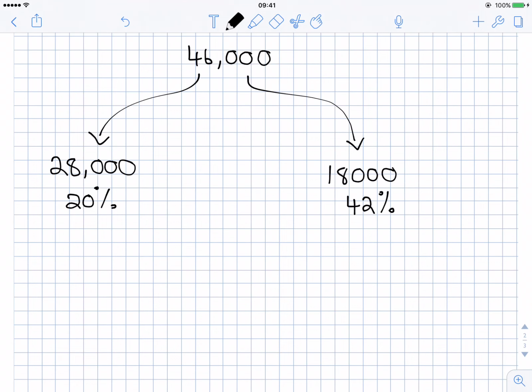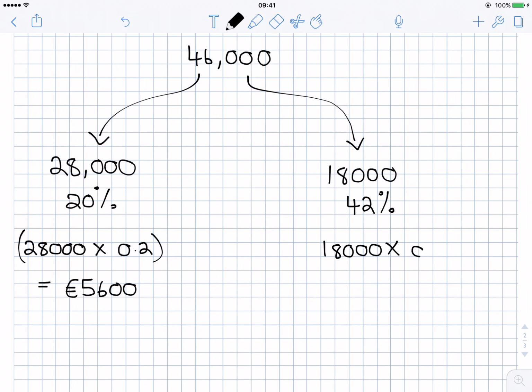So using your calculator, 28,000 multiplied by 20%, so you can type in 28,000 multiplied by 0.2, 20% as a decimal is 0.2, tells us that she has to pay €5,600 tax here, but she also has to pay €18,000 multiplied by 0.42 for the higher rate, and that's going to be €7,560.